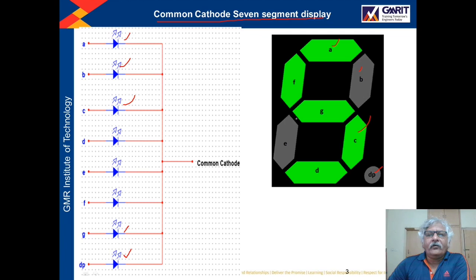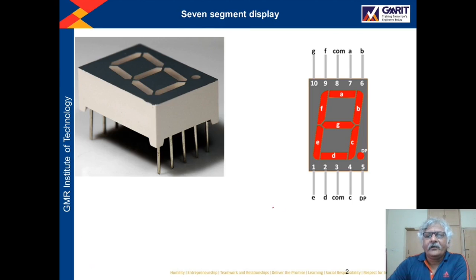So now what will happen? This is the cathode terminal of the LED and this is the anode terminal of the LED, right? Internally, all the cathode terminals are joined together and available at pin number 3 or pin number 8.